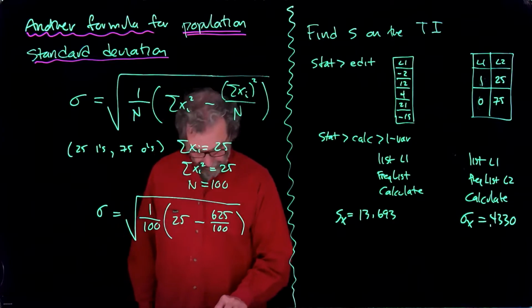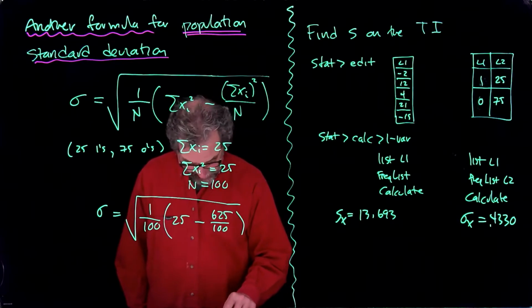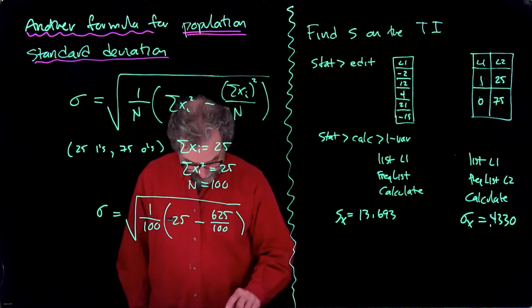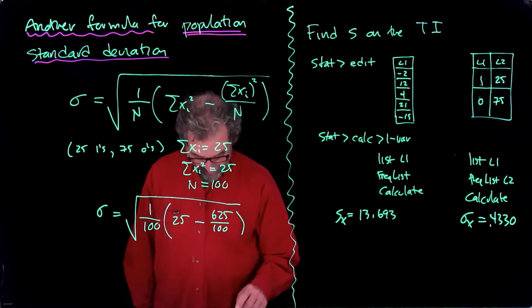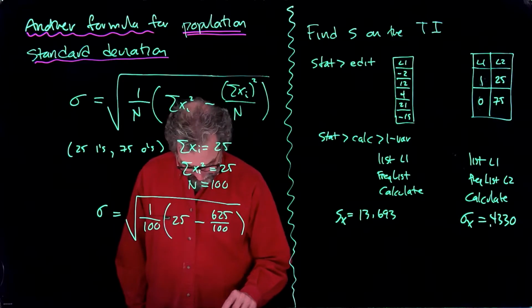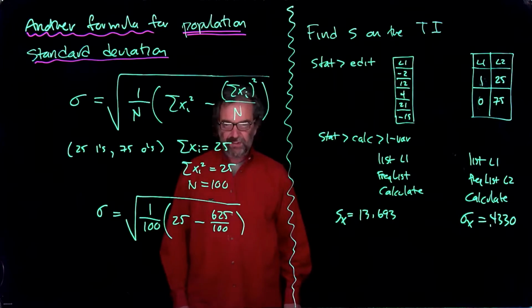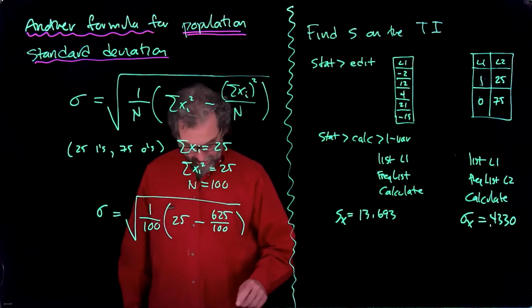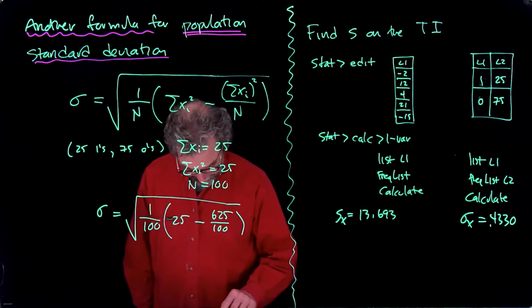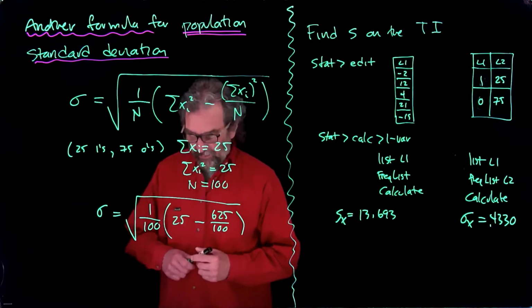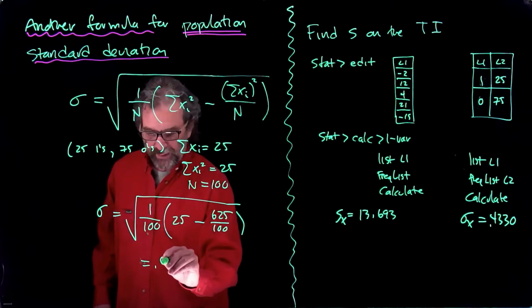So I'll go in here, 25 minus 6.25, 18.75, divide by 100, 0.1875. I think that's 3/16. And then take the square root. I get the 0.4330 we had before.